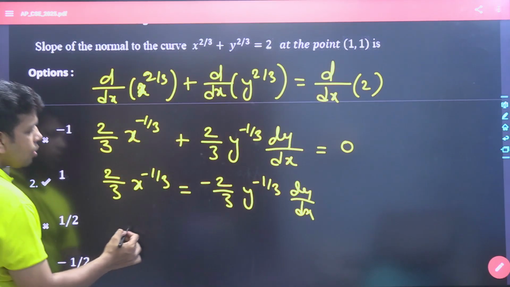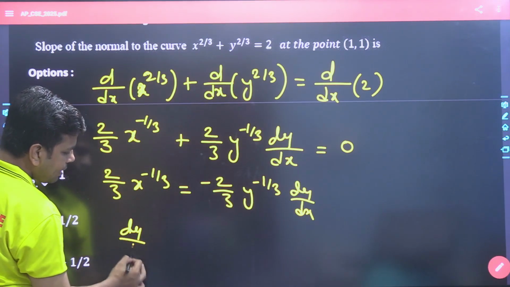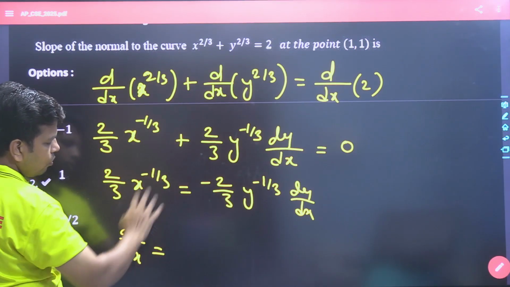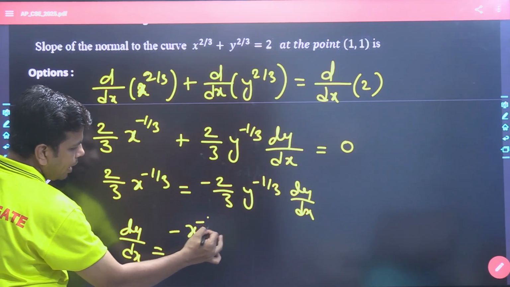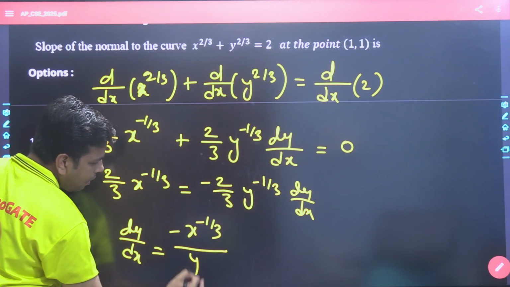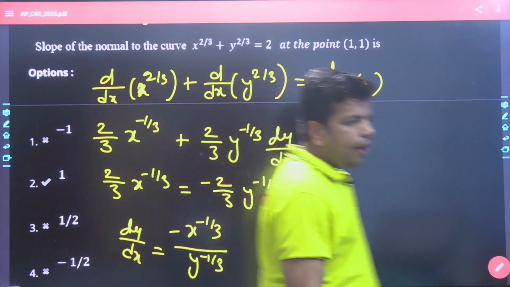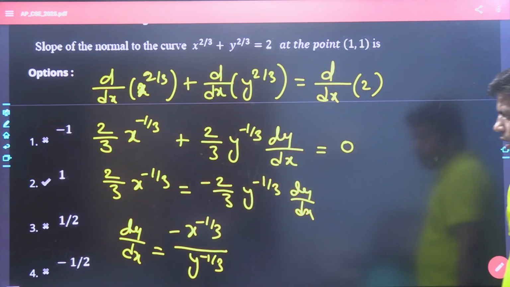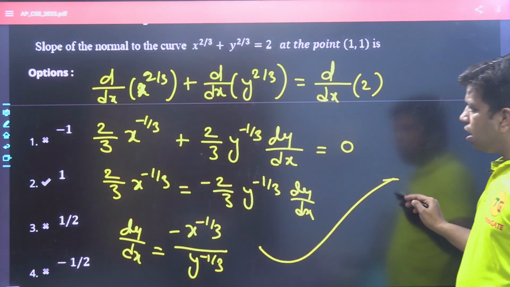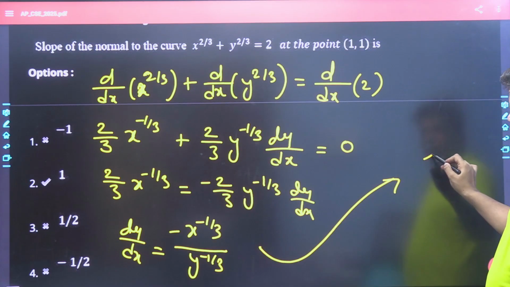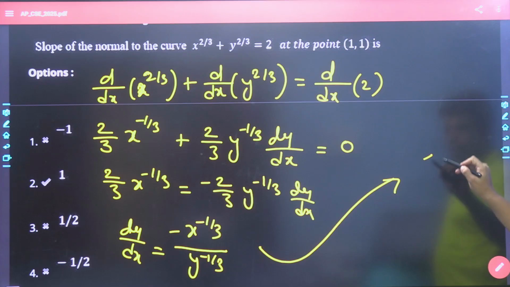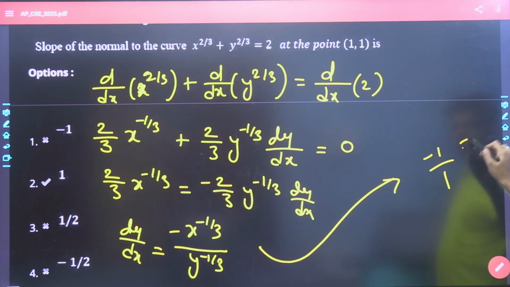So dy by dx equals, can we say, minus x raised to minus 1 by 3 divided by y raised to minus 1 by 3. Now we need to compute that value at 1. So minus 1 by 1 becomes 1.